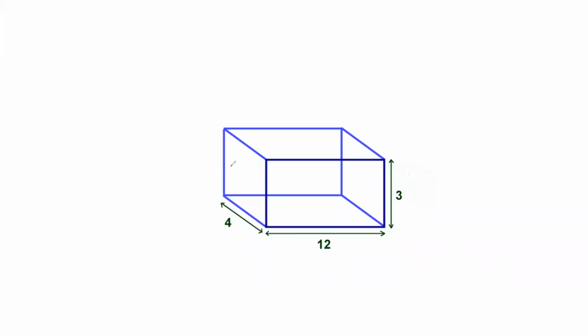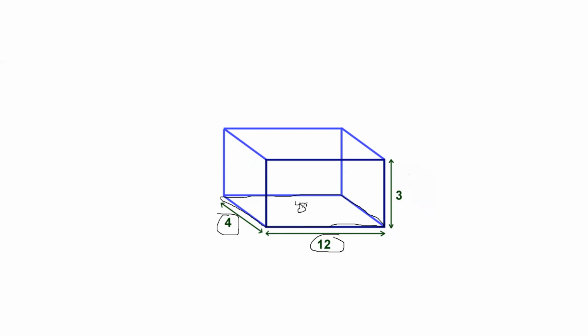The way that you do it is you find the area. So let's just pretend this is a 2-dimensional flat shape, a rectangle. If this was a rectangle, we would find the area by multiplying 4 by 12. 4 times 12 is 48.